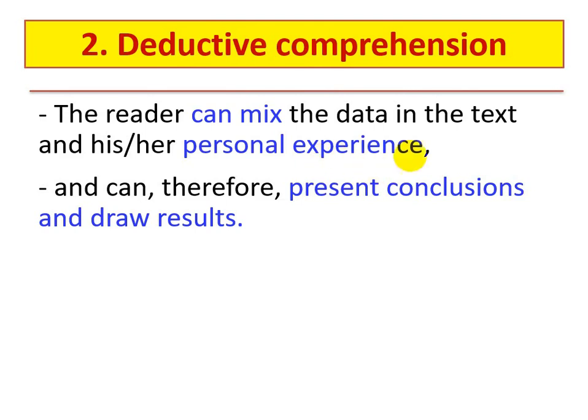And they can therefore present conclusions and draw results. Because he is able here to present conclusions and draw results, it is called deductive comprehension. And as you know, this is completely different from the previous one, which was the literal comprehension.